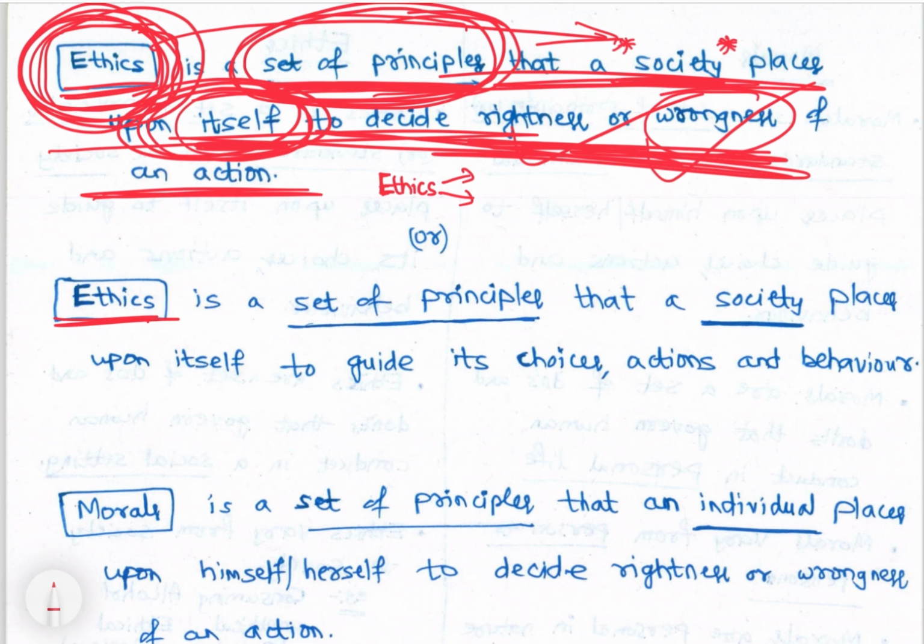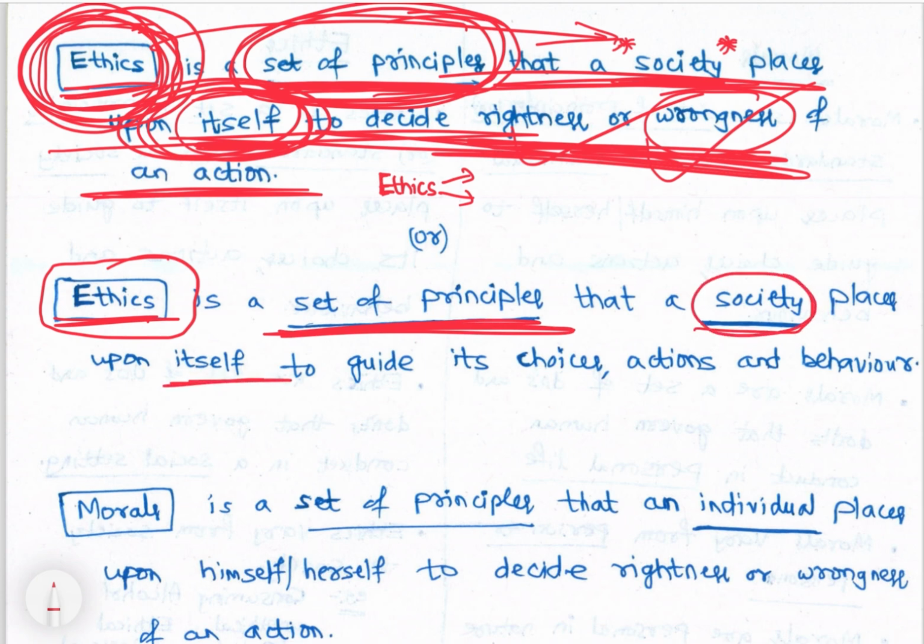So that is ethics. Then the second definition is: ethics is a set of principles that a society places upon itself to guide its choices, actions, and behavior.